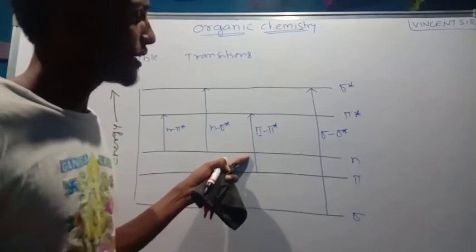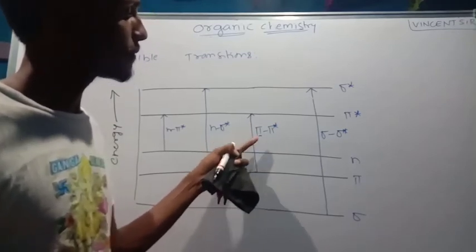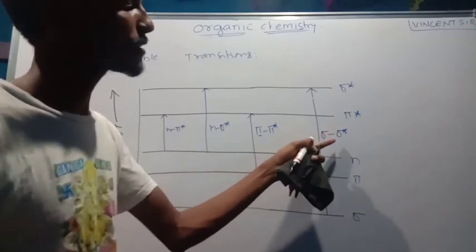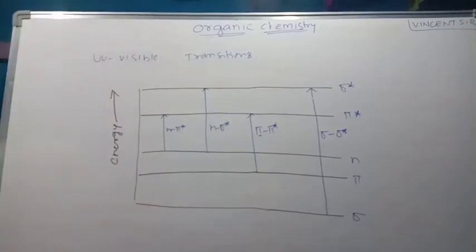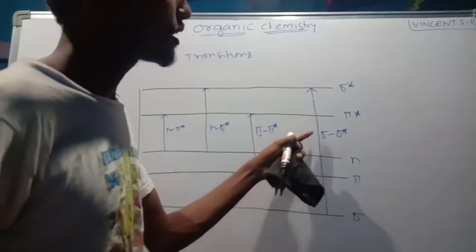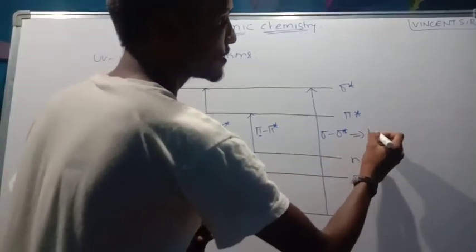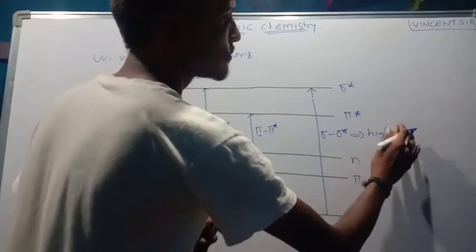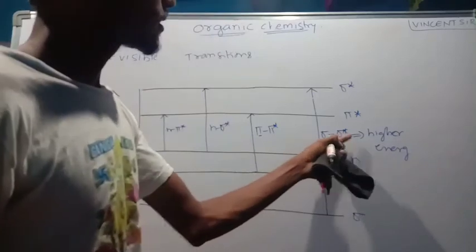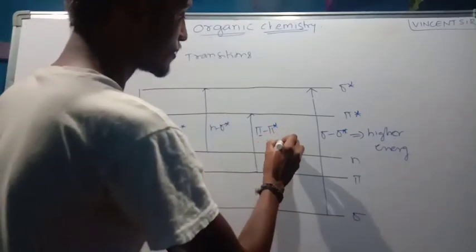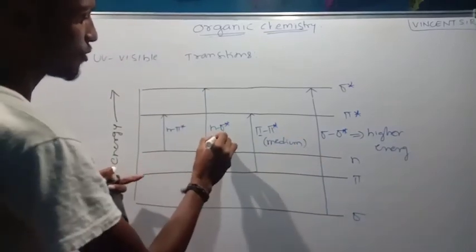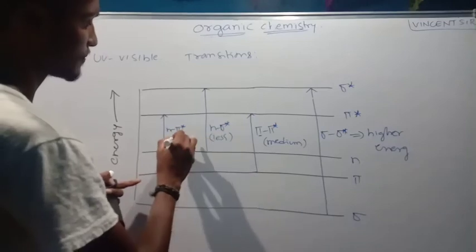That's why these are excited second, and the sigma bonding electrons have strong interactions. Due to that, this requires high energy. Higher energy, medium energy, and the lone pairs require less energy.